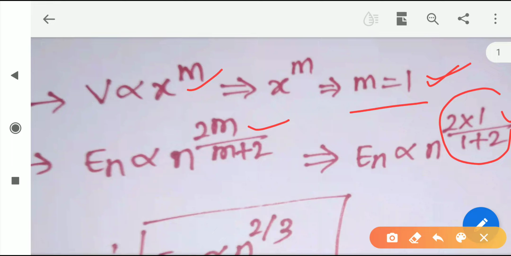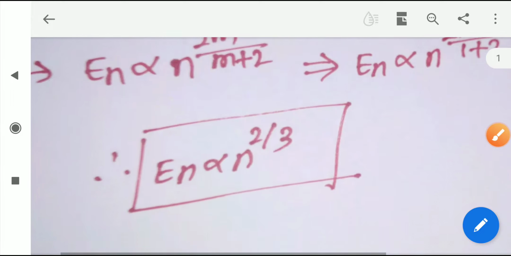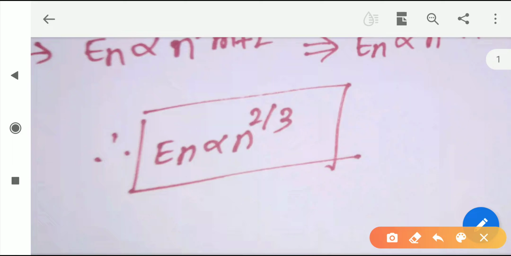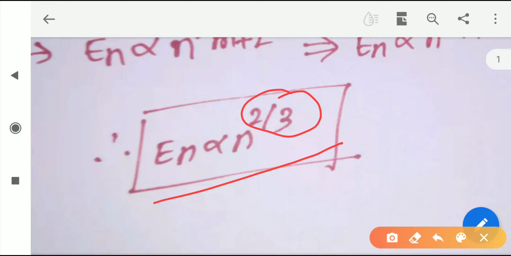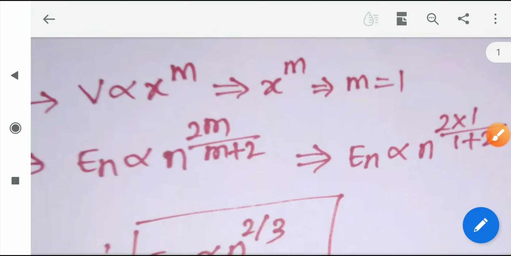After solving, 2 into 1 is 2, upon 1 plus 2, that is 3. So we get En directly proportional to n to the power 2 by 3. I hope you have understood how we got our answer.